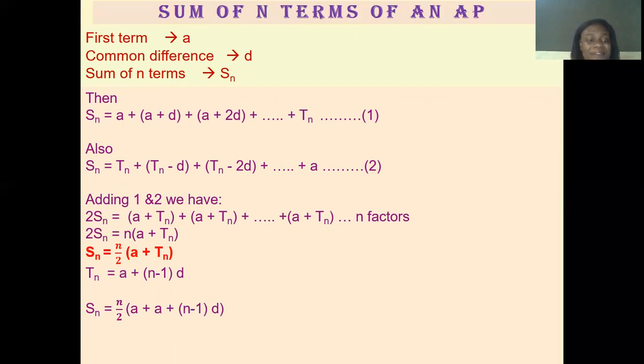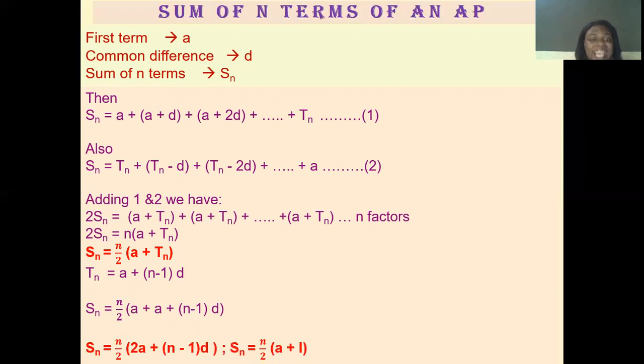So S of n now becomes n over 2 into A plus n minus 1 bracket D. I hope you're following. So that's what we have. Now, in essence, this formula can just be written as S of n equals n over 2 into 2A plus n minus 1 bracket D.